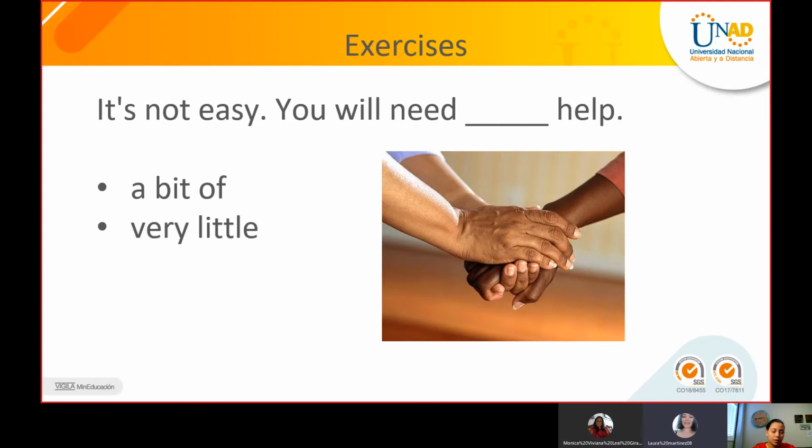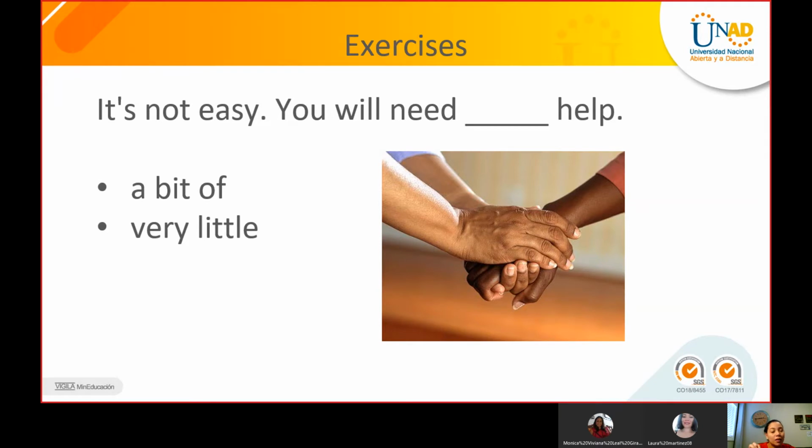Okay, could be. Pay attention. I'm gonna translate it. Okay, I'm not supposed to do it, but okay. Si algo no es fácil, significa que vas a necesitar bastante ayuda, o algo de ayuda.